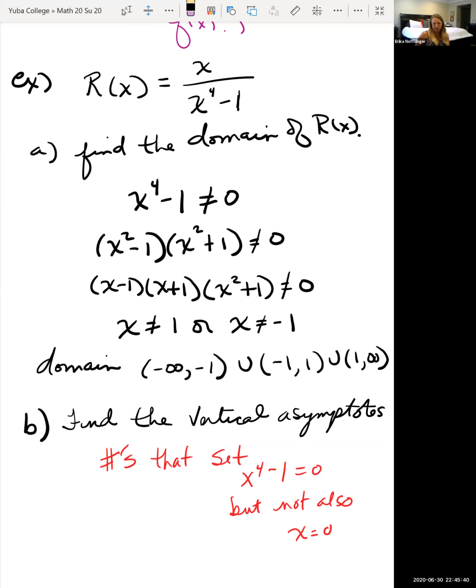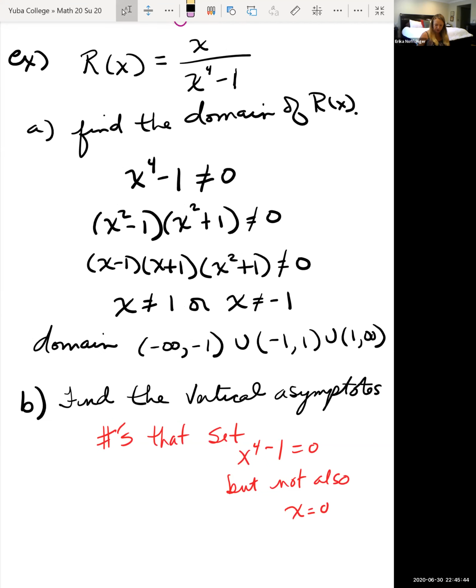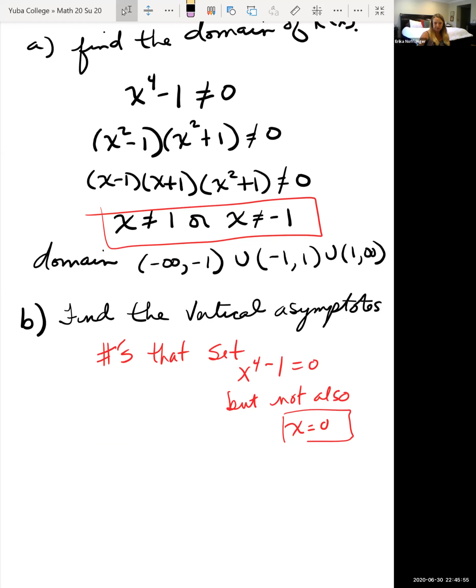Well, they don't. None of the numbers that set my denominator equal to 0, which are negative 1 and 1, set my numerator to 0. My numerator is equal to 0 when x is 0. And so, since they are not the same, I know I have vertical asymptotes both at positive 1 and negative 1.